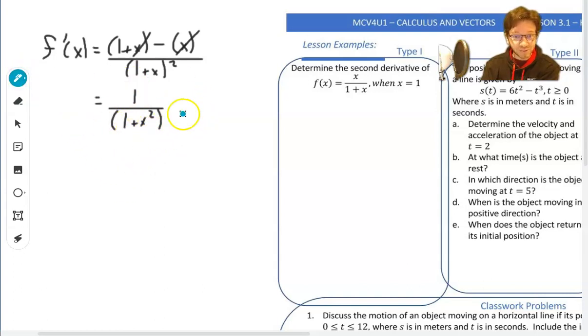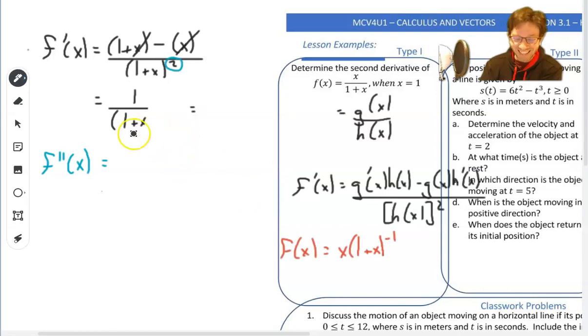Okay, well, let's find the derivative of this, to figure out what that second derivative is. Now, if you wanted to, you could just write this as a negative exponent, or you can do the quotient rule, whichever. So the square, we wanted to keep that on the outside of the bracket.